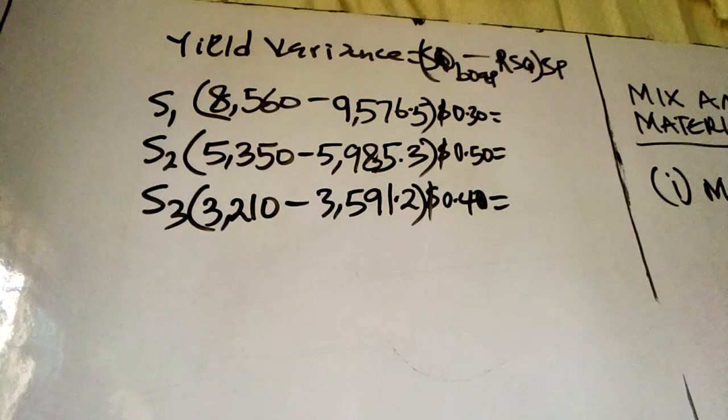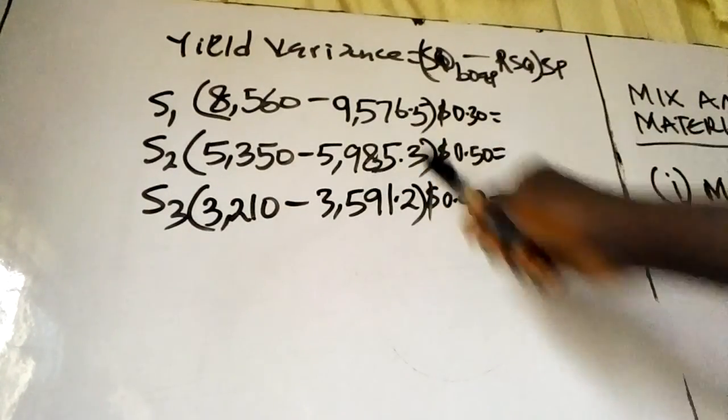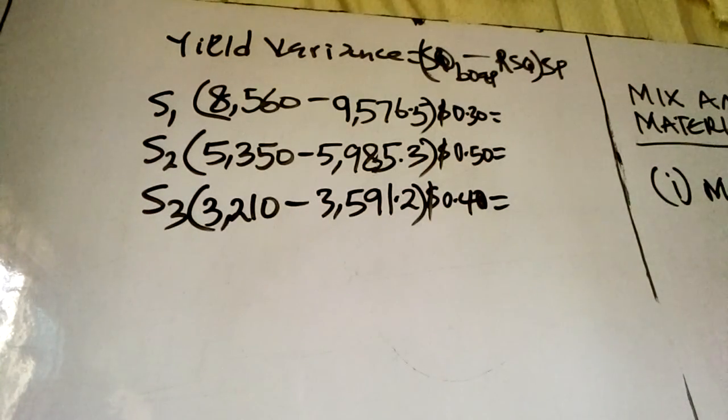So if you have 8,560 minus 9,576.5 multiplied by 0.30, then we have $304.95.